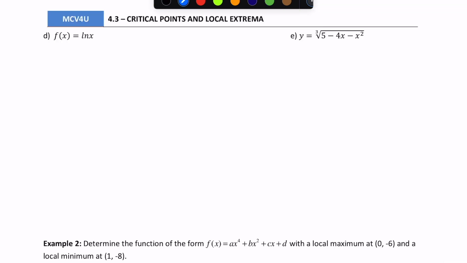Okay, so let's look at this next example. So f of x is equal to ln x, and it also wants us to again state the domain of the function here. So here, for f of x is equal to ln x, the domain here is x as an element of real numbers, and here x has to be greater than 0.